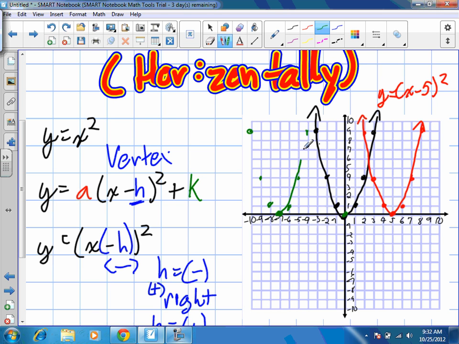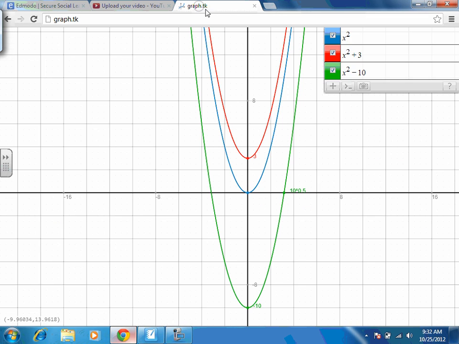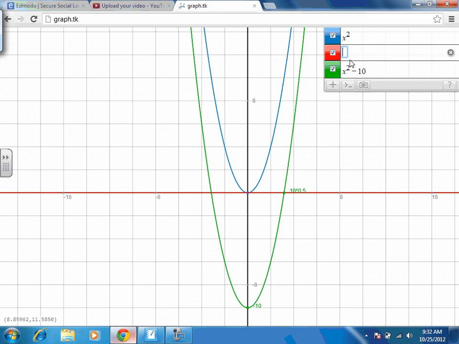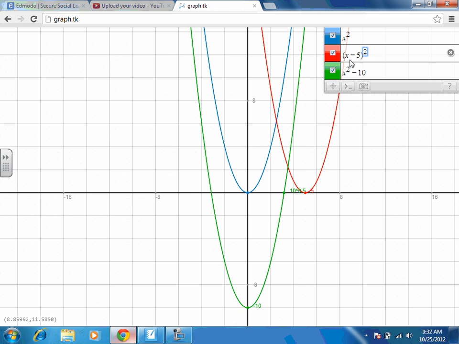So here is our parabola, and again, we'll do it on that graphing program. Bring up that graphing program. There we are. We'll change these. The blue one will be the original. In this case, we're going to change this a little. So we're going to have x minus 5 squared. And if you notice, we now have the red parabola, which has been shifted to the right 5 units.